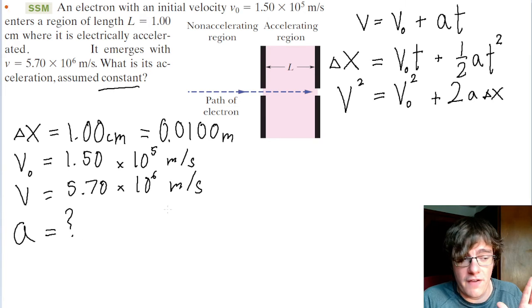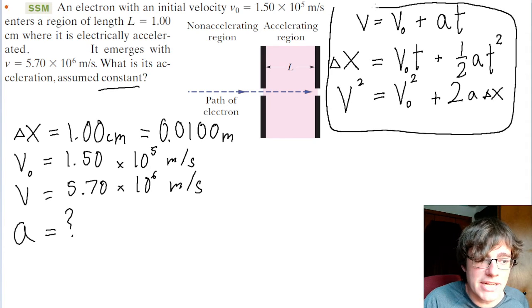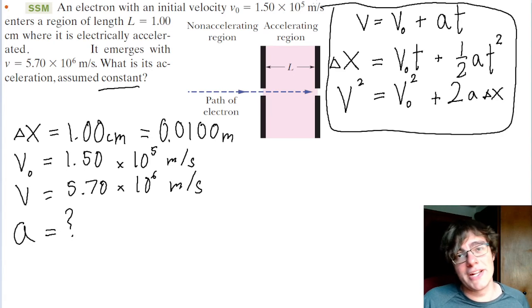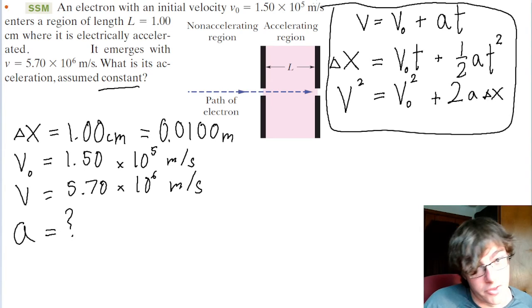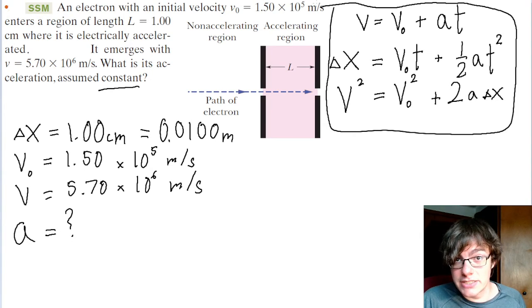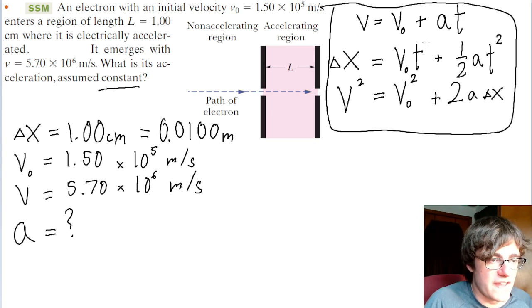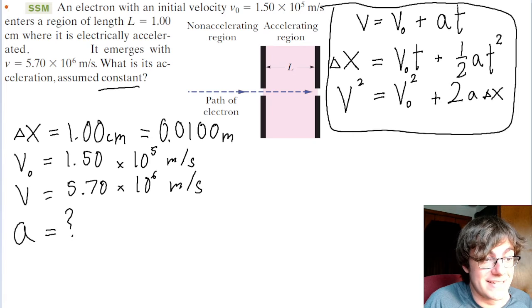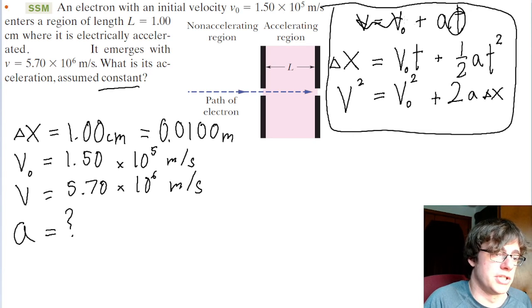So again, of the three equations that we typically use for constant acceleration, we want to figure out which equation is best going to be used because it has the acceleration, which is all three of them, so that doesn't help much, and which equation has all of our knowns, and no other unknowns other than the thing we're trying to find. Just from looking at this, we can see the first two equations aren't going to help us much because they both have time, which was not given to us in the problem, so we can just ignore that.